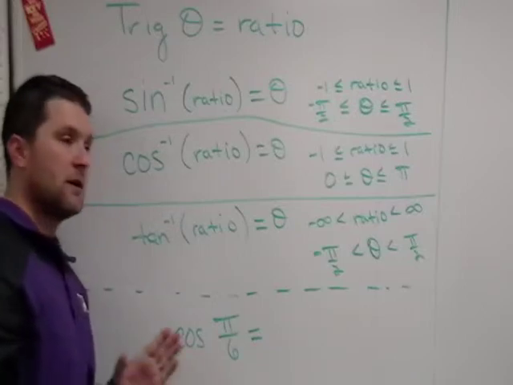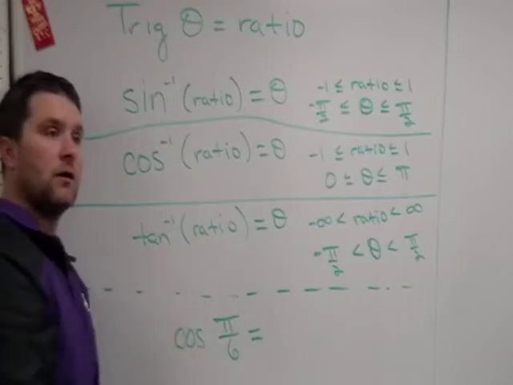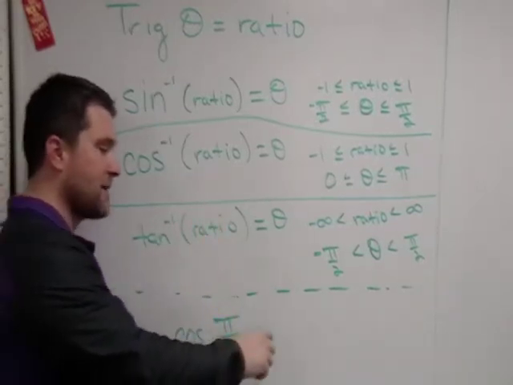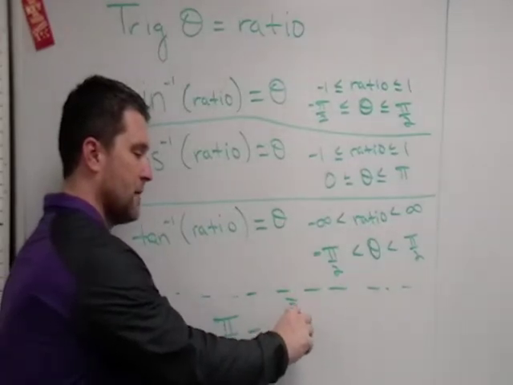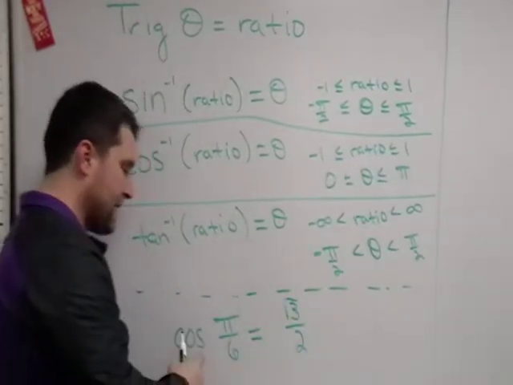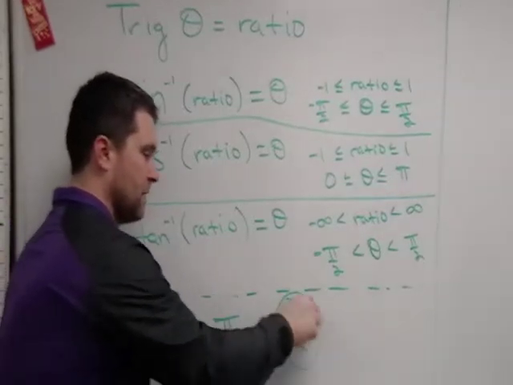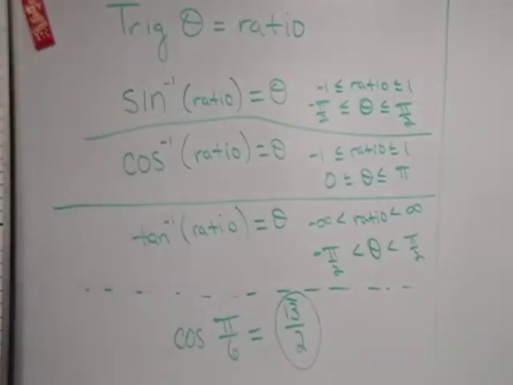Cosine is x, 30 degrees, the wide, short triangle. So x is the long leg. And is it positive or negative? Quadrant 1 is positive. So that you should be able to do in your head.